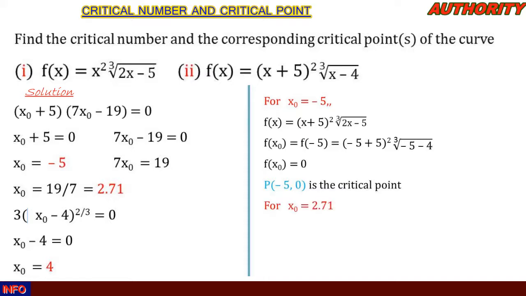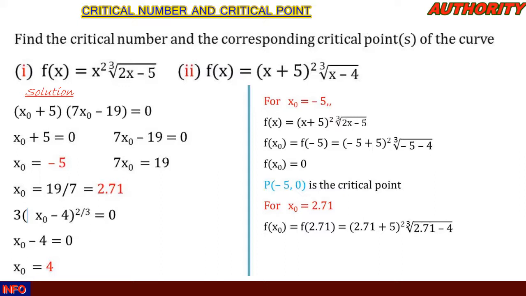Let's go further, for x naught equal to 2.71. In our function we're going to plug in 2.71 and see what we have. f of 2.71 is equal to (2.71 plus 5) squared times the cubic root of (2.71 minus 4).